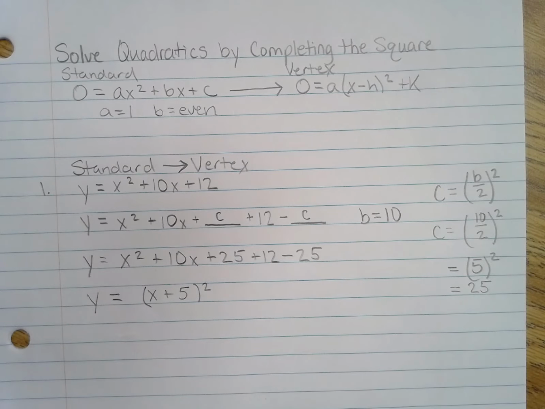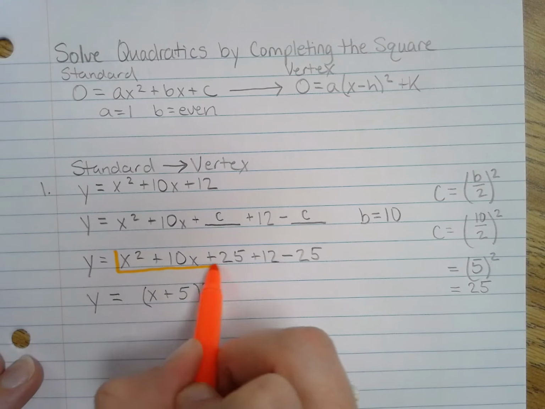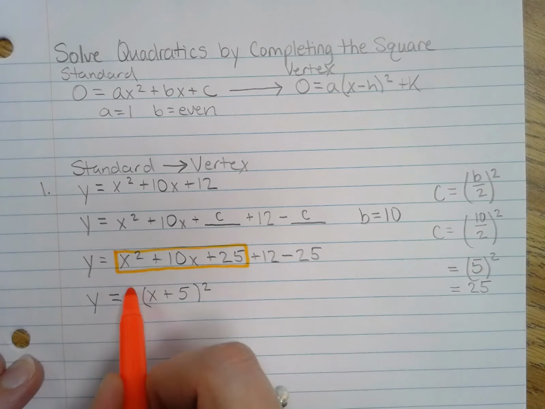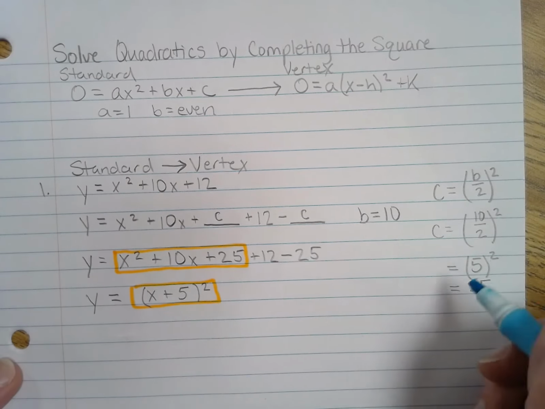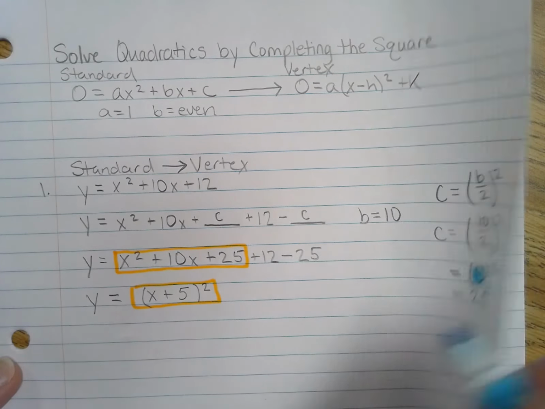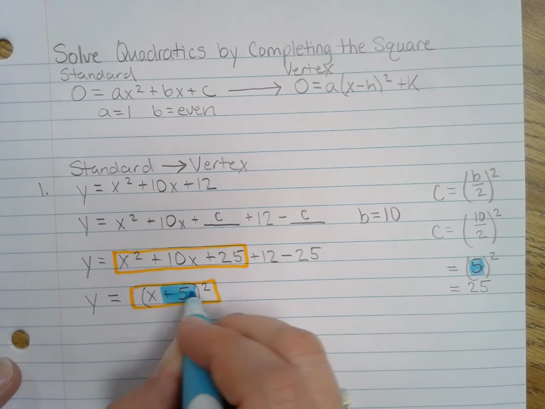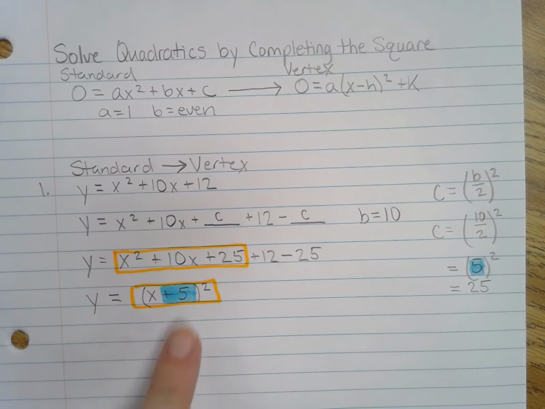So these 3 terms become this 1 parentheses square. And we use the half of b to make our factor. Of course, since half of b was positive, we keep it plus 5. If it would have been negative, we'd say minus.